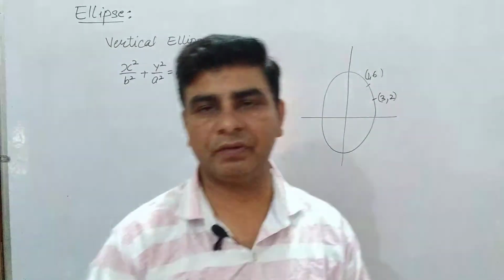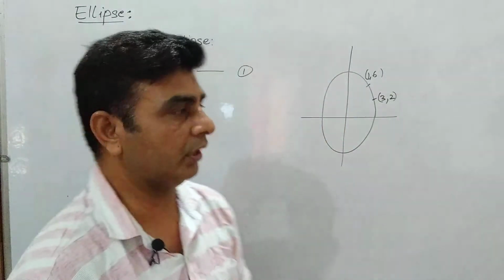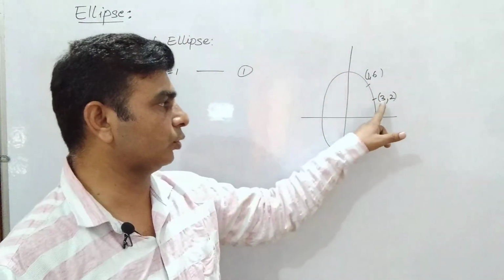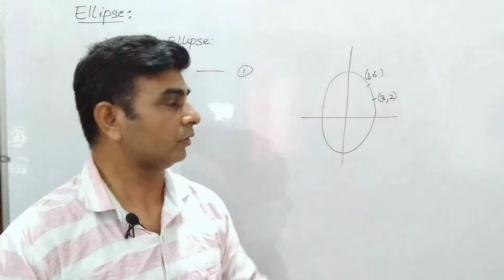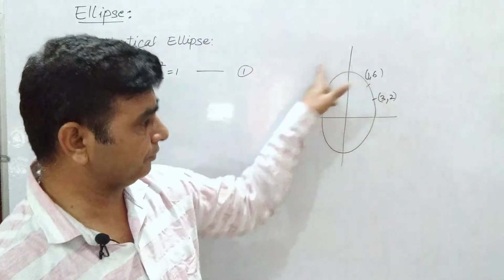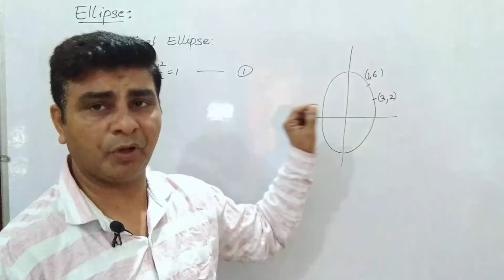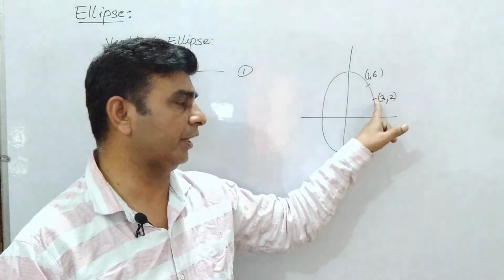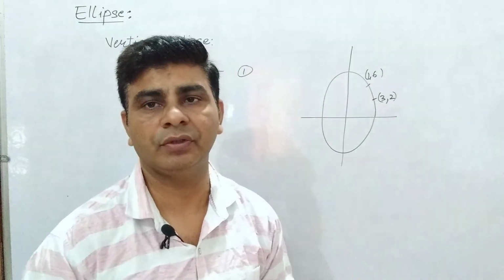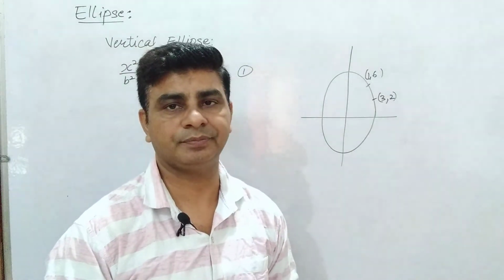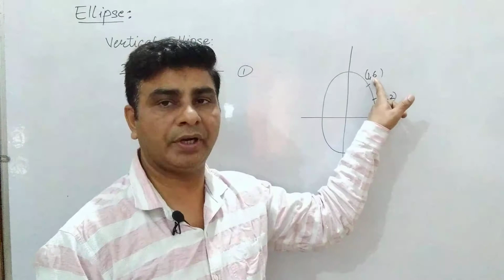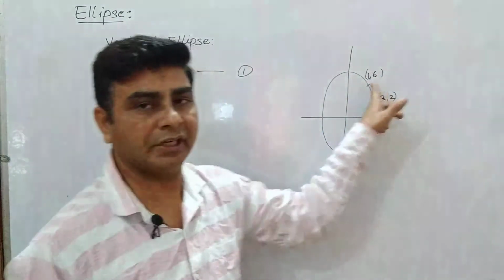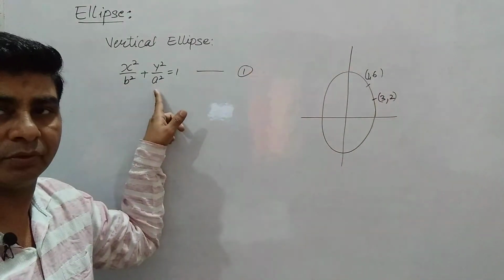So to find the values of a and b, children, it is given that this ellipse passes through 2 points. And when any point lies on a curve or on a line, it means that point will satisfy the equation of that curve or line. So let me take the first point, because 1, 6 is lying on this curve, it implies this point will satisfy the equation of the ellipse number 1.